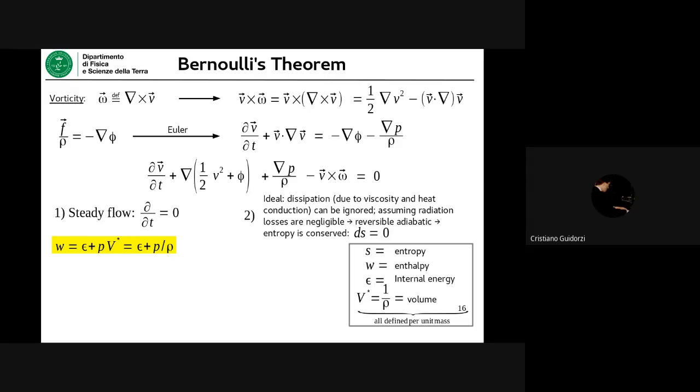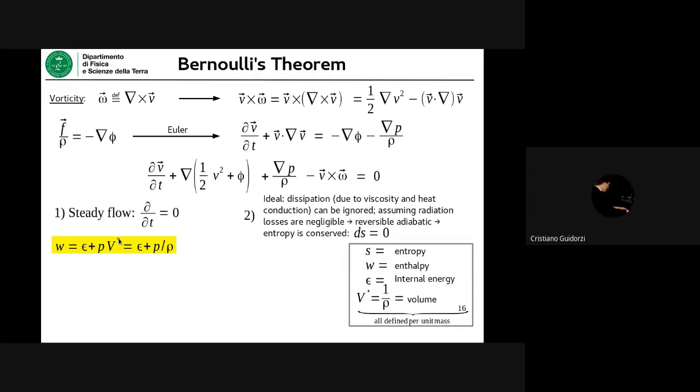By definition of density, it's nothing but 1 over rho. So V star is the volume of a unitary mass, 1 over rho. Now, if you remember, the definition of enthalpy is internal energy plus the product of pressure and volume. Given that all these quantities are defined per unit mass, that's exactly what I did here.